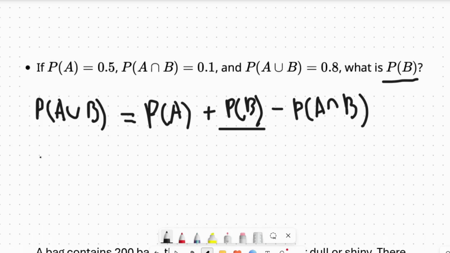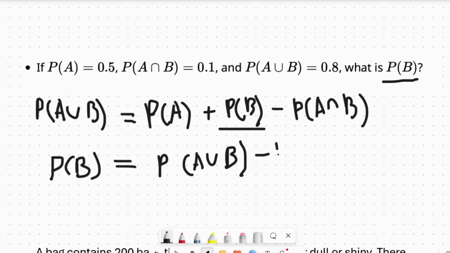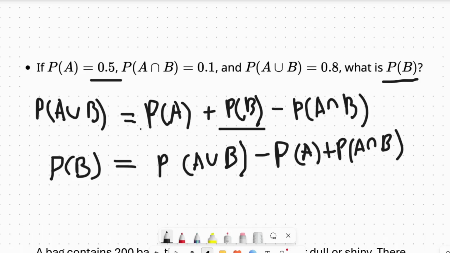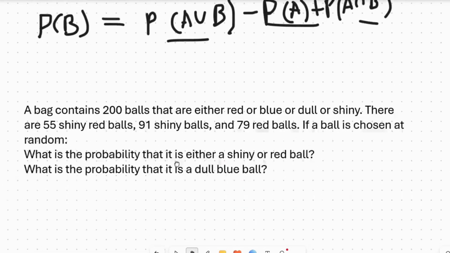This is a very easy calculation. If we write probability of B here, then probability of A union B minus probability of A, then plus probability of A intersection B. Now we just put in the values here, then we find the probability of B. Now solve this one.